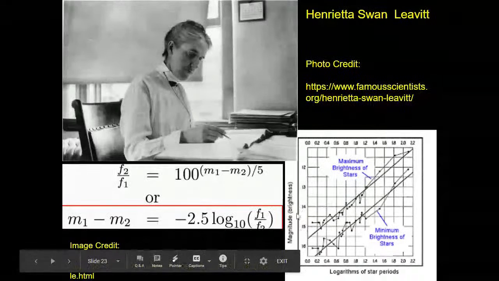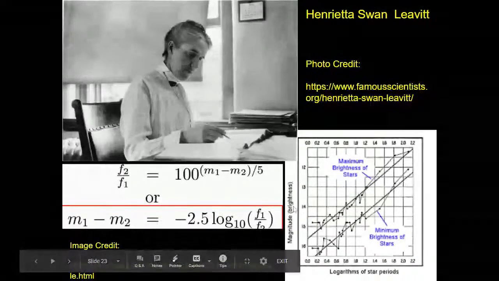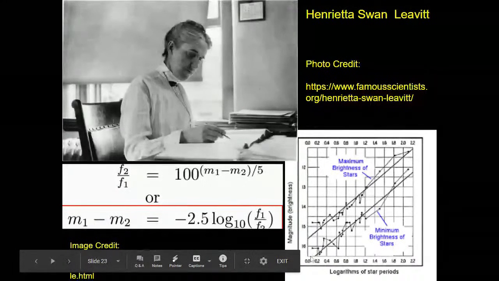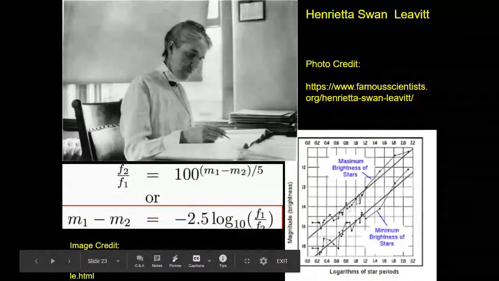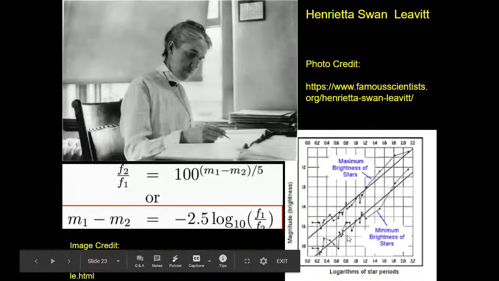So if you actually plot the apparent magnitude of these stars against the period of the star, there is a correlation. So here is the maximum brightness of the star, and here is the minimum brightness of the star.